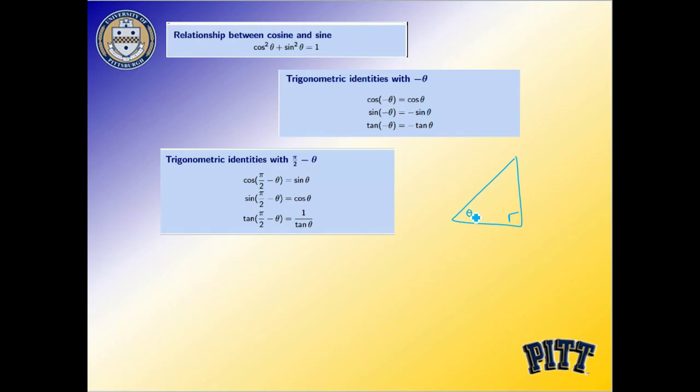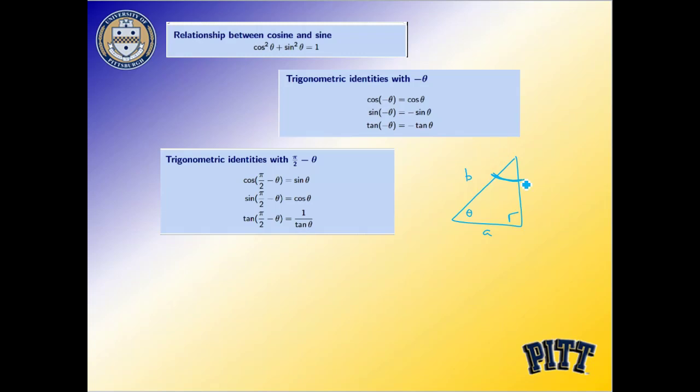Where this premise is coming from is that if I take the cosine of that angle, it's going to be, we'll say A over B here. Okay. But this angle here would be my pi over 2 minus theta.